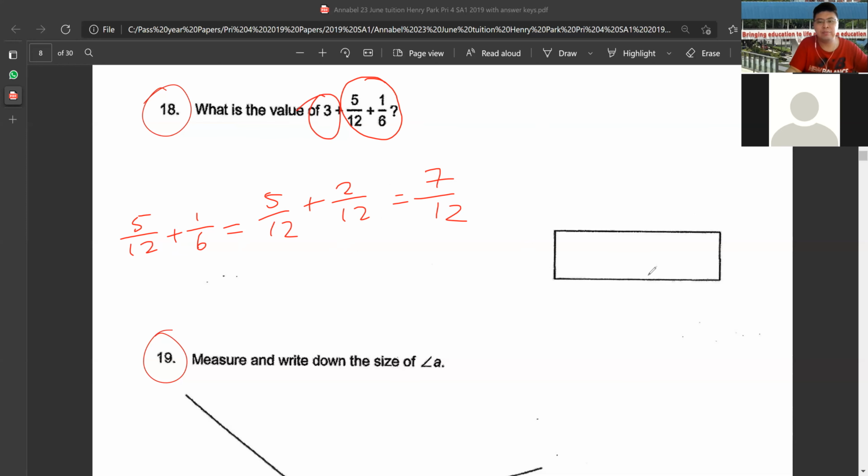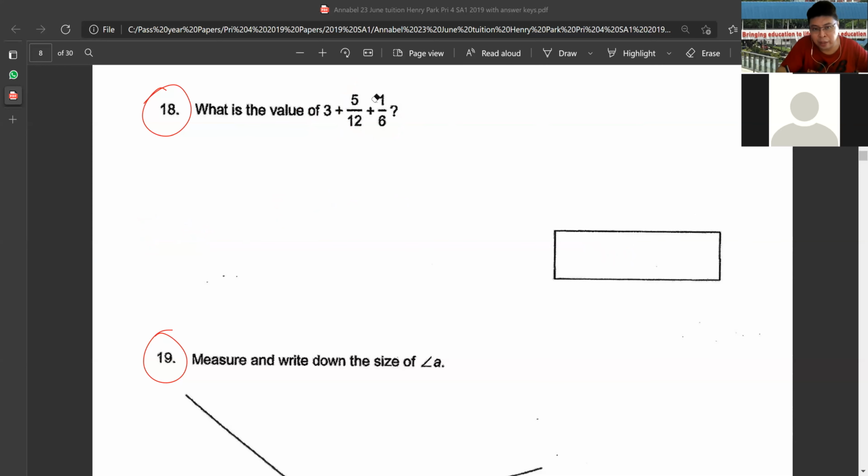So what's the answer here? 3, 7 over 12. That would be easier to do, right? Would this method be easier for you? Yes. So when you see this kind of question, you add this part first. Then you can write it in mixed number.